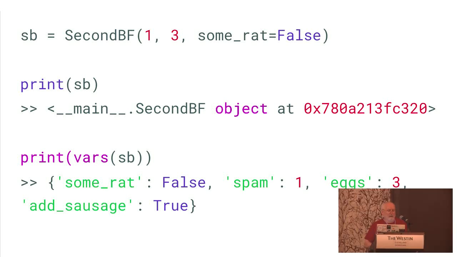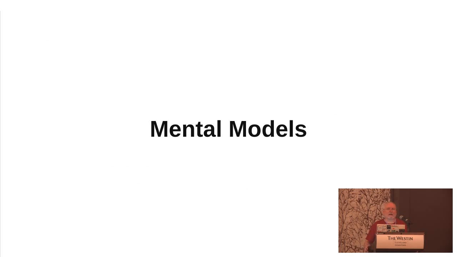So now I want to talk just a little bit here. I mentioned at the beginning mental models and why I think it's important to understand a little bit about how this stuff works under the hood and not just use it by osmosis. I'm going to start out by talking a little bit about driving a car, because it's a pretty simple mental model that everybody understands.